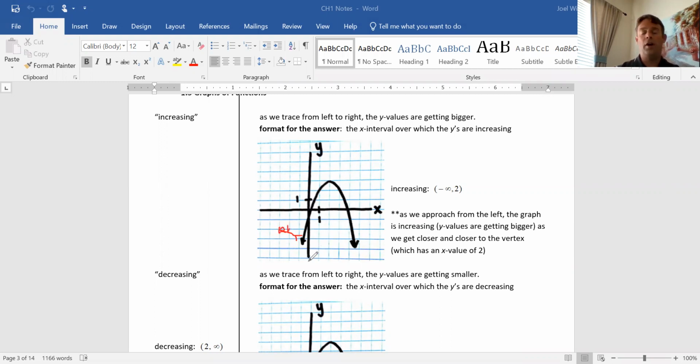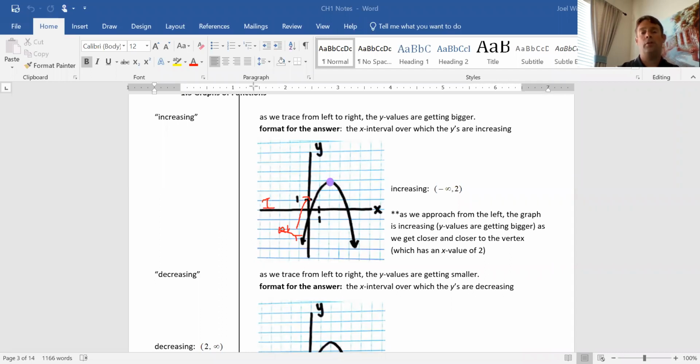All right. So imagine I'm walking on a function, on a curve. If I'm going up a mountain, that would be me increasing. At some point in time, I'm going to turn on that mountain, and we could see that happens at the vertex.